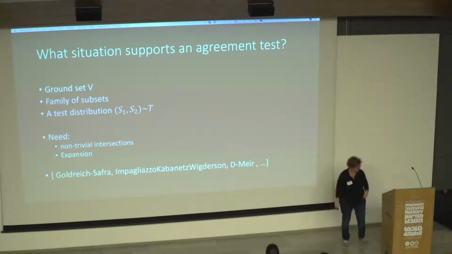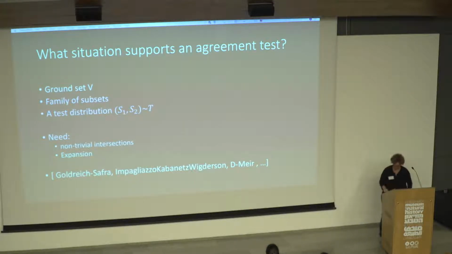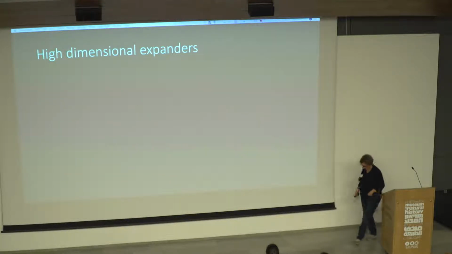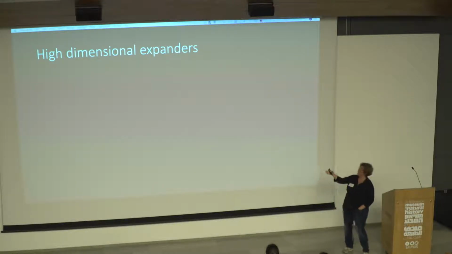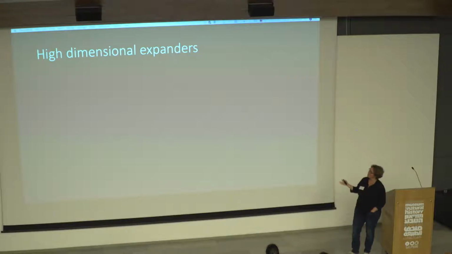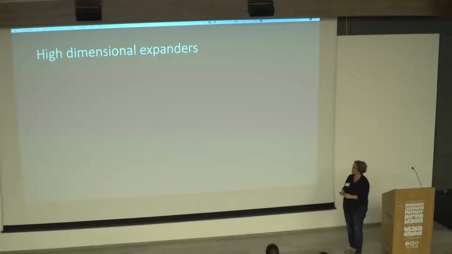So that was that. And then this leads me to this relatively new topic. I learned about this, I want to say 3 years ago, but really it was longer. This new topic of high-dimensional expanders is another way to understand many different scenarios where an agreement test works.